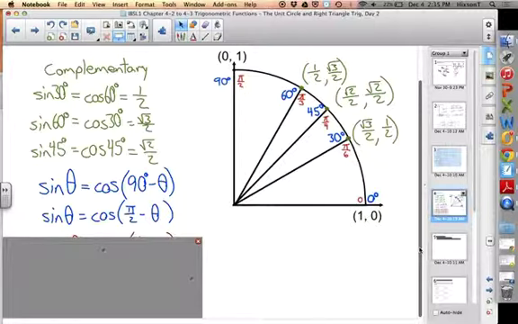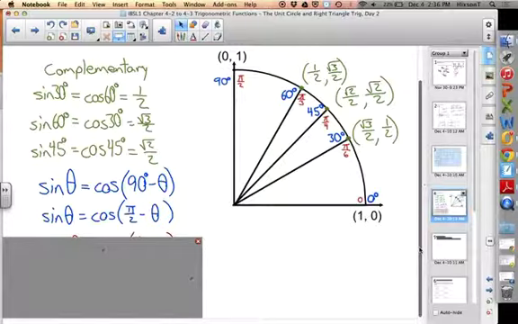Now, this one is a little bit more obvious as far as which trig functions go together. Okay? So think with me. If sine and cosine go together, what's another pair that probably go together for the cofunction identities? Secant and cosecant, yes.